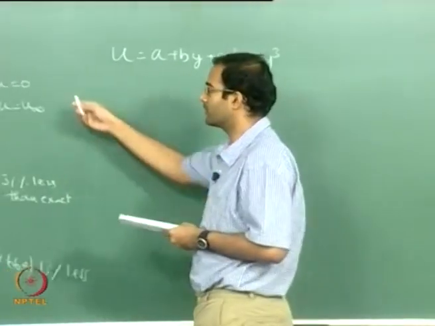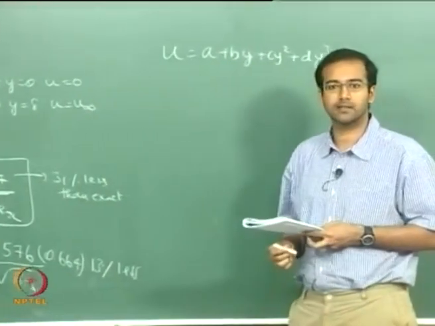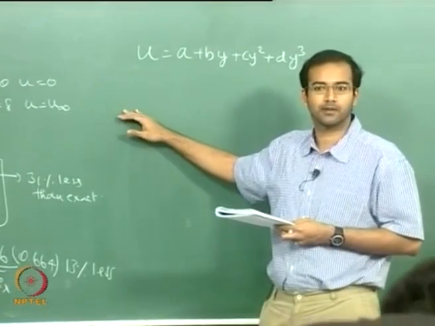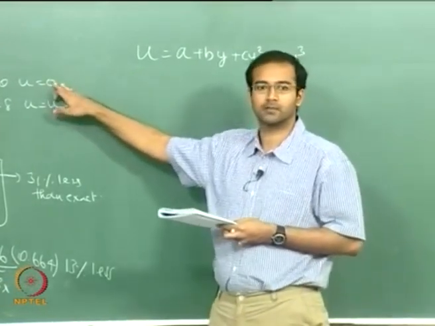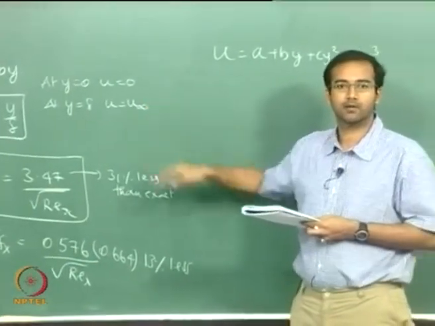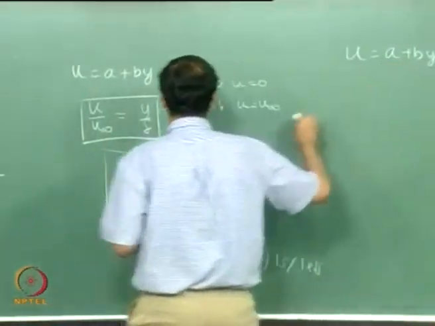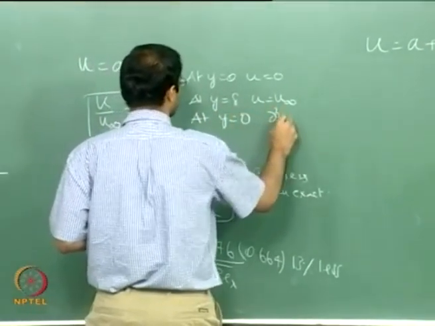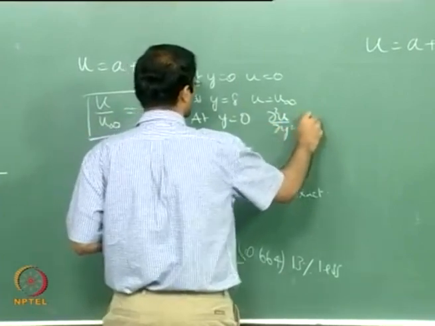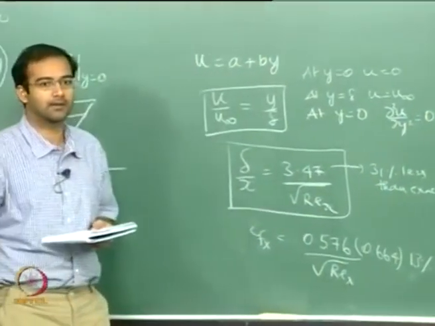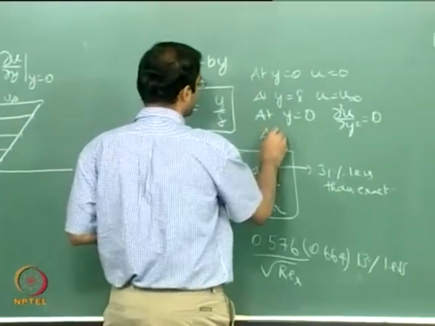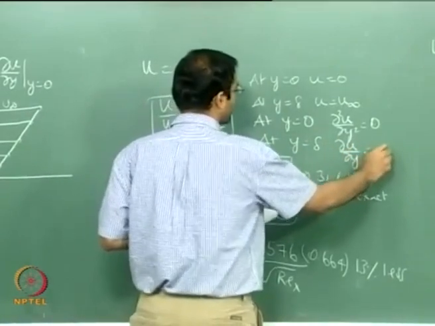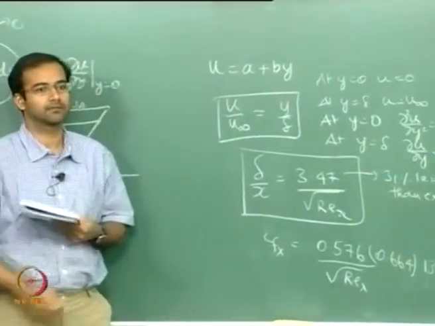Apart from these two boundary conditions, which are the most important in terms of the order of relevance, you first need to satisfy no slip at the wall and the condition at y equal to delta. Apart from that we have also used that at y equal to 0, d square u by dy square equal to 0, which comes from the momentum equation at the wall. Also at y equal to delta, the condition du by dy equal to 0 has to be satisfied.